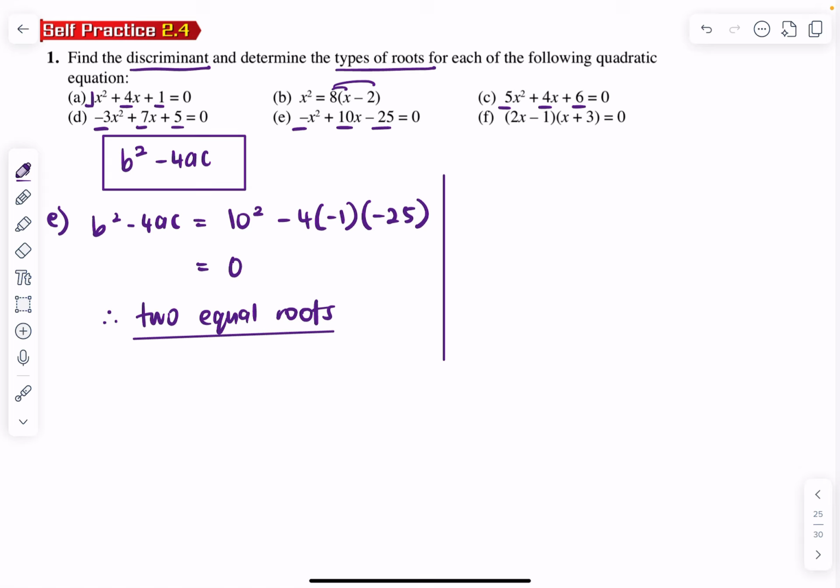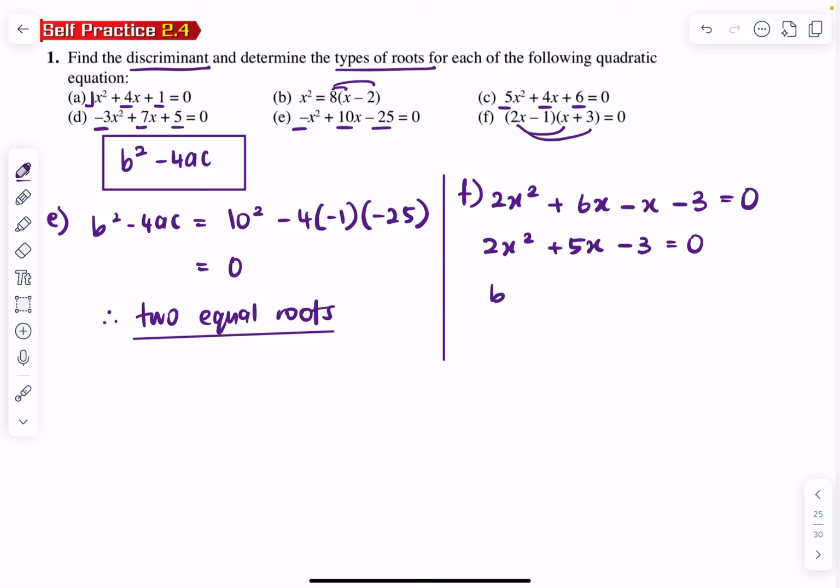Lastly, here we have to expand. So we get 2x squared plus 6x minus x minus 3 is 0. Simplify, 6x minus x will be 5x. Then we do b square minus 4ac. 5 square minus 4ac.